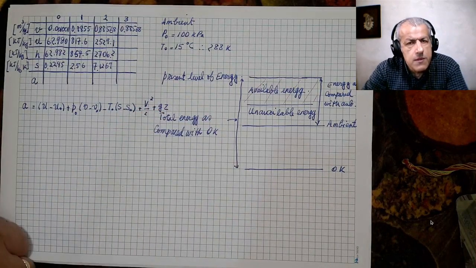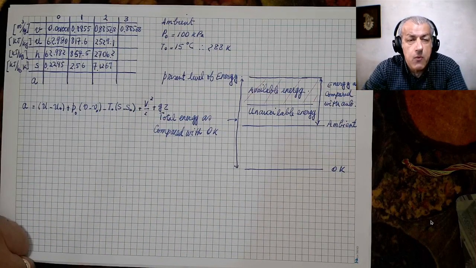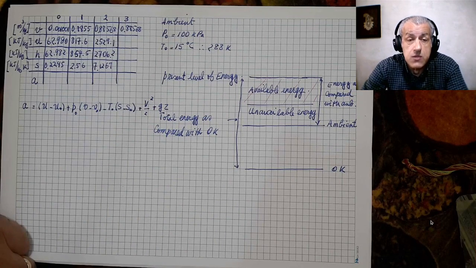So this is the maximum possible work that one could extract from a material in a very imaginary process. You don't need to do that process in order to have availability.